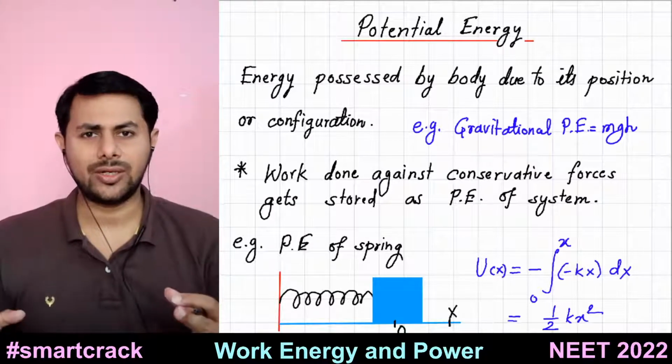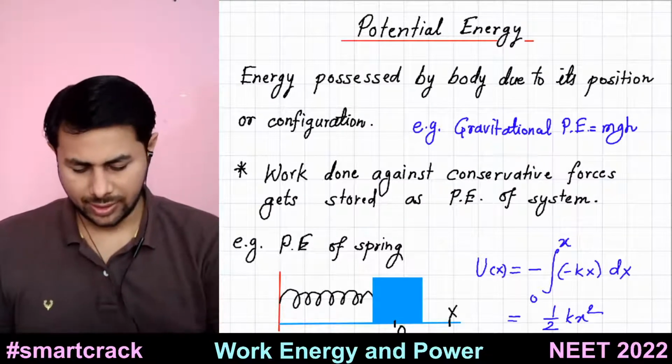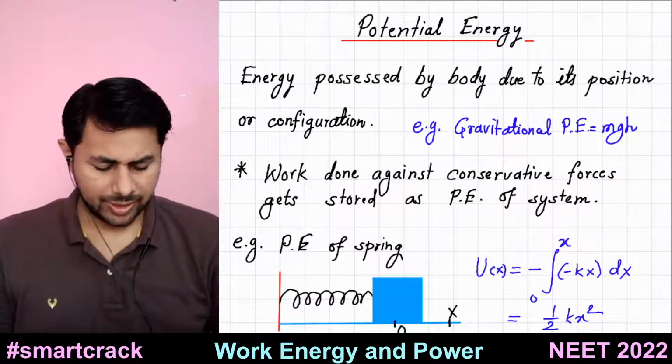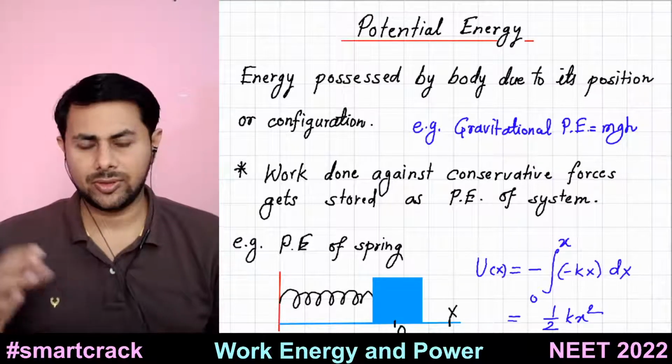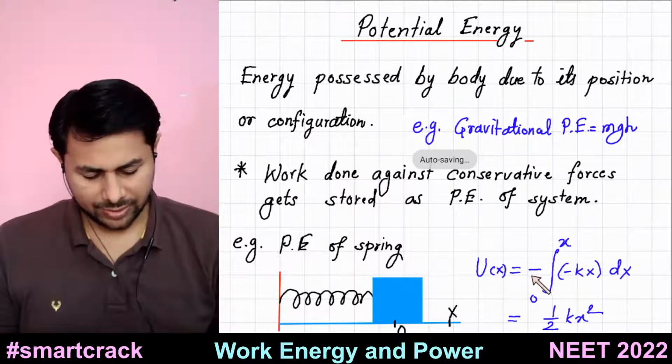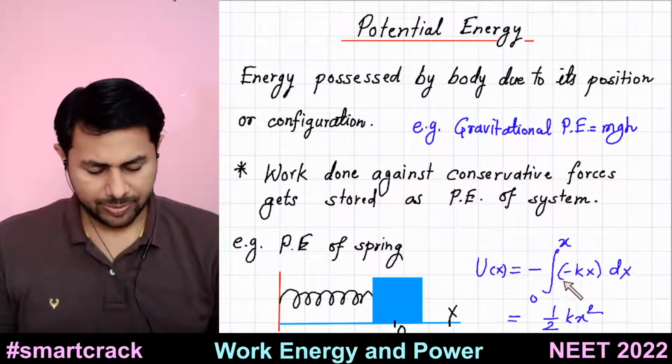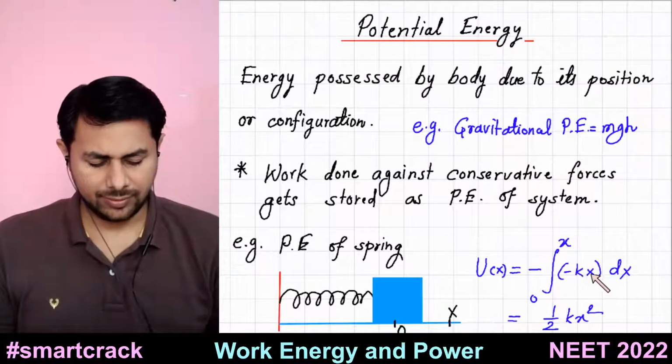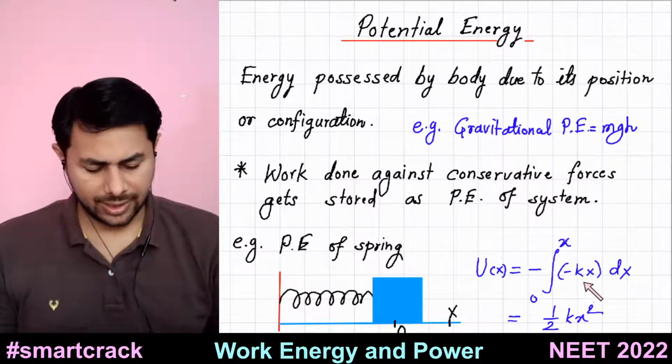So you have to work against the spring force. How much will be the work against the spring force? Because we are doing work against the force, there will be a negative sign, and this is the spring force, minus kx.